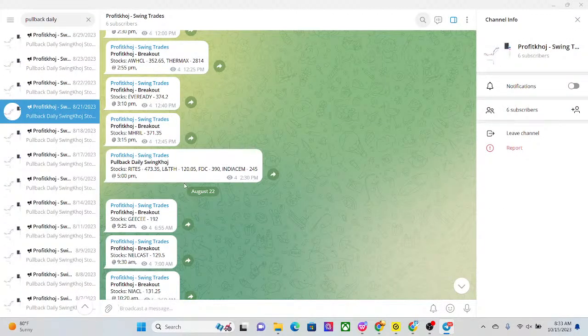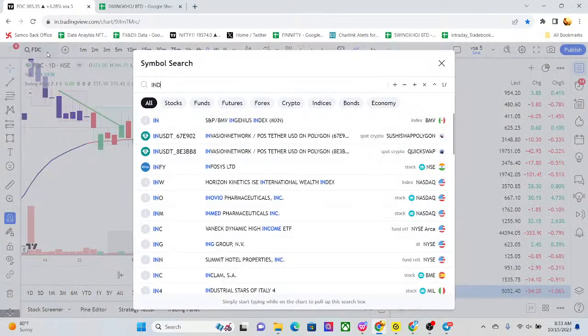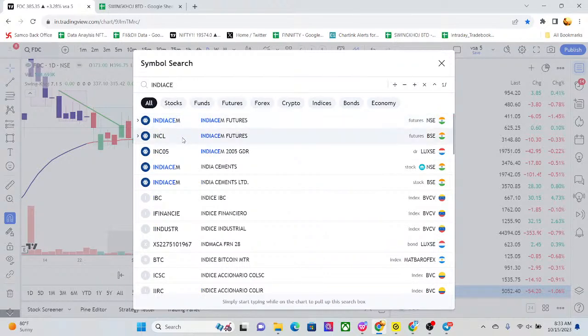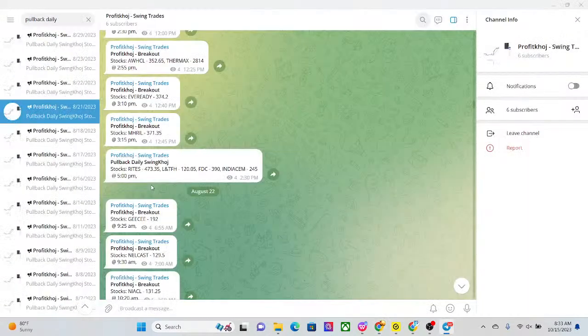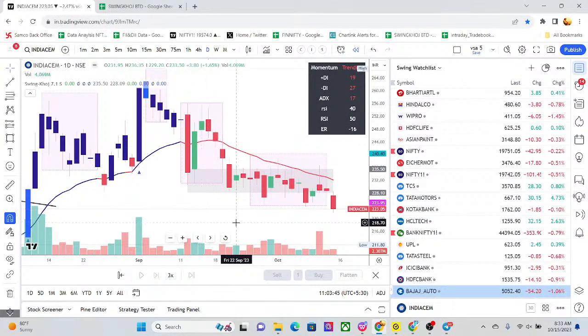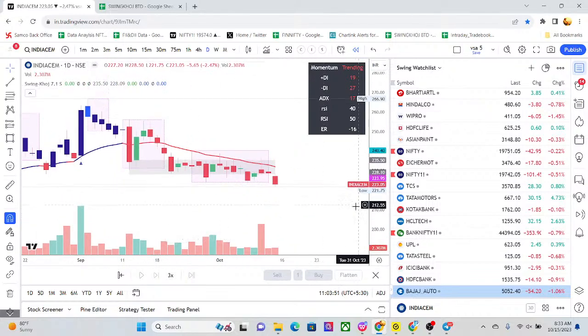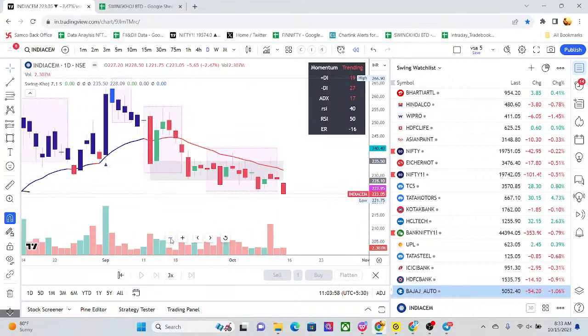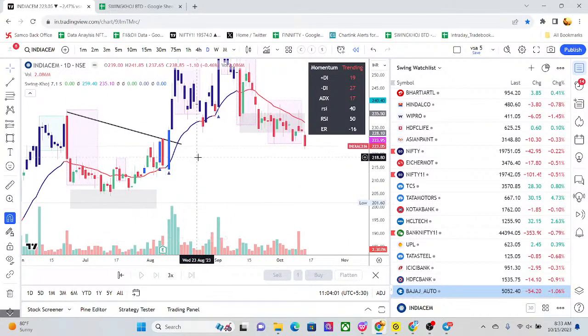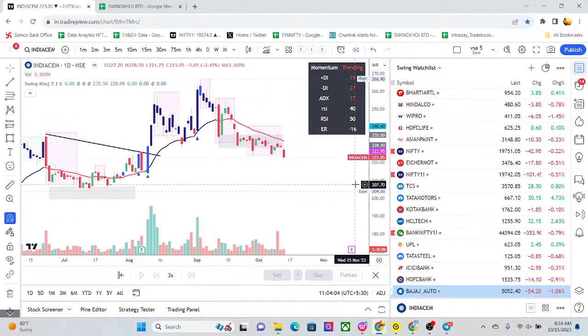India Cement, 21st September, right? So we have a Fibonacci zone here, and also a support zone.